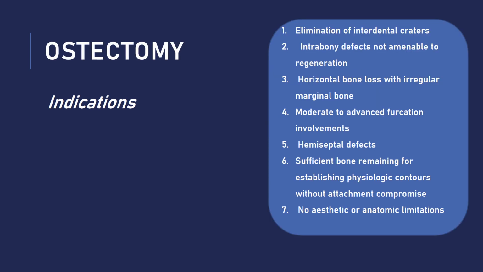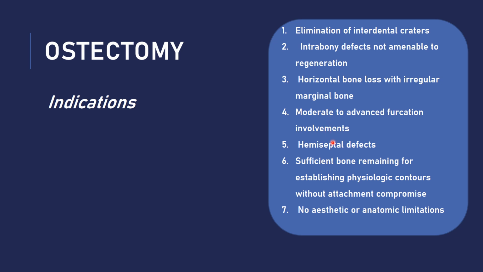Next, osteotomy is a procedure to remove the bony defects with the removal of supporting bone. Where in the other case it was just shallow craters for shaping, in this case we will be eliminating, and if the intrabony defect is not amenable to regeneration, we will be doing that. Then horizontal bone loss with irregular marginal bone. You can see the difference between the two procedures, and here it is moderate to advanced furcation involvement, so we will be removing it, not for just grade 1 incipient furcation involvement.